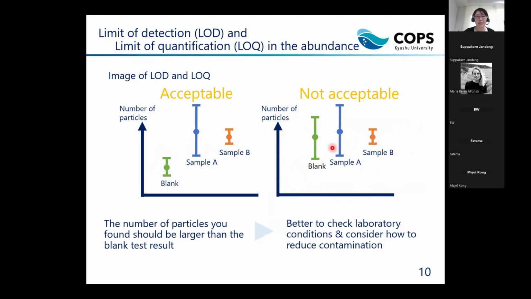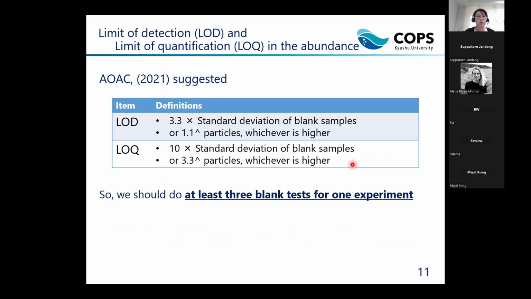So in this case, you need to check the laboratory conditions and consider how to reduce the contamination and how to consider the level and difference. Some papers suggest statistical values for how to consider the blanks and the sample acceptable values.